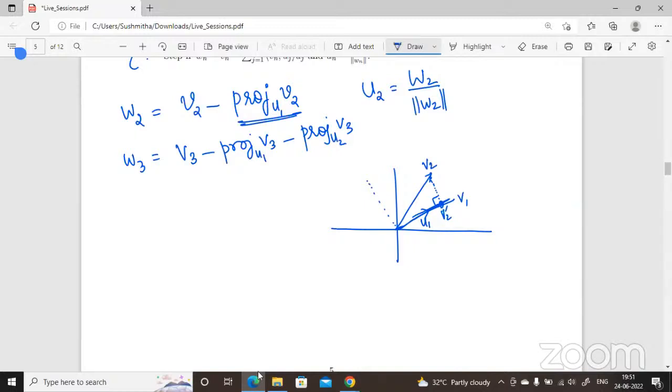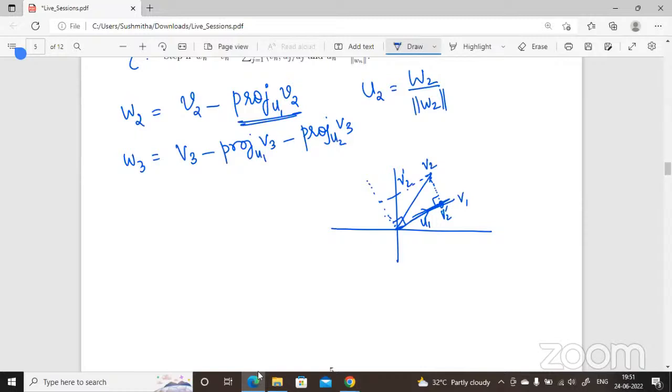So what I do is I complete this parallelogram. I have U1 here. Then I drop this perpendicular, so this is also going to be 90 degrees. So I complete this parallelogram. It's going to be a rectangle, right? So this is going to be V2 dash. V2 dash is the projection of V2 on V1.